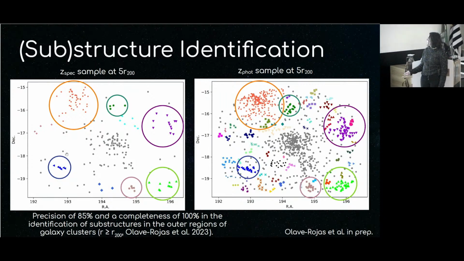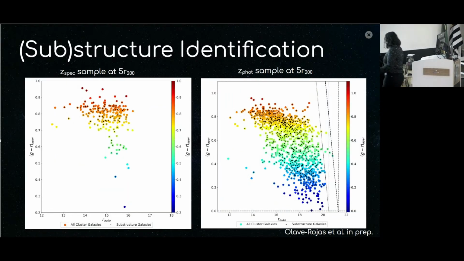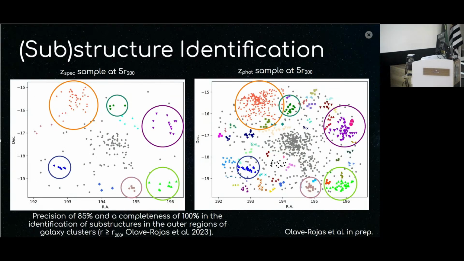And also in the case of a substructure, for example, here, we don't have it in the spectroscopic sample because the sample of galaxies in this part is sparse. And also when we use the photometric sample, in some cases, some substructures appear more concentrated, for example, in this part.